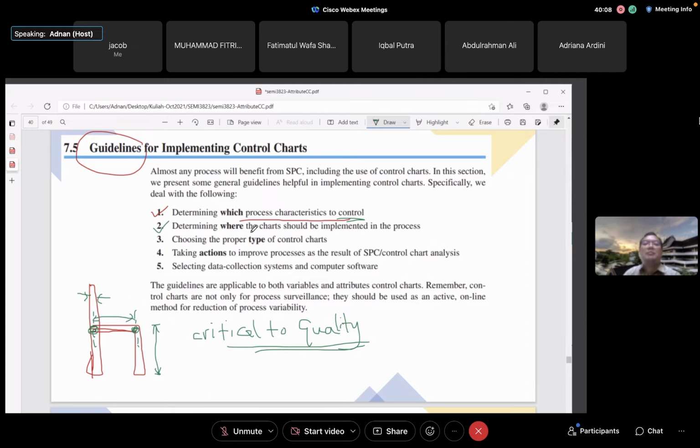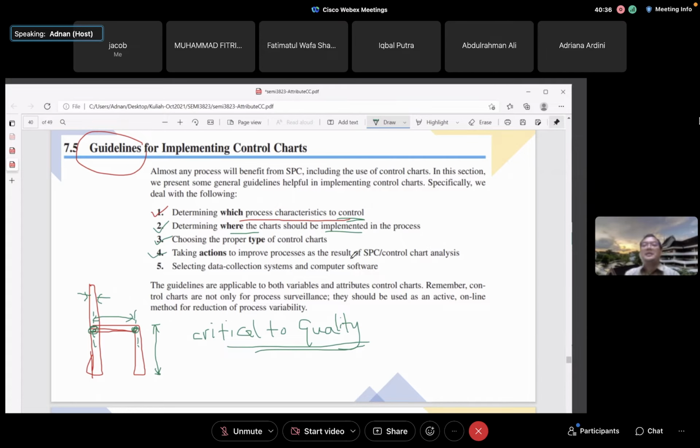It could be in the cutting process, the drilling process, the joining, or the painting. Then choose the proper type of control chart. What chart to use? Attribute, or something else? Of course, attribute is cheaper and faster, but gives less information.